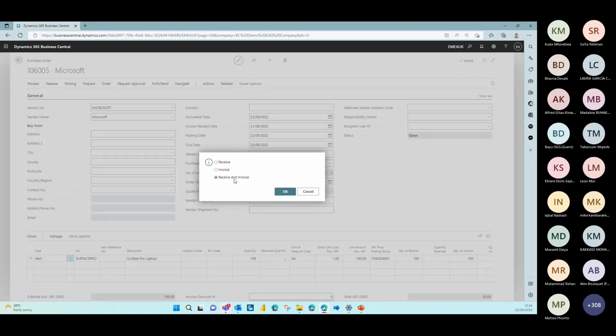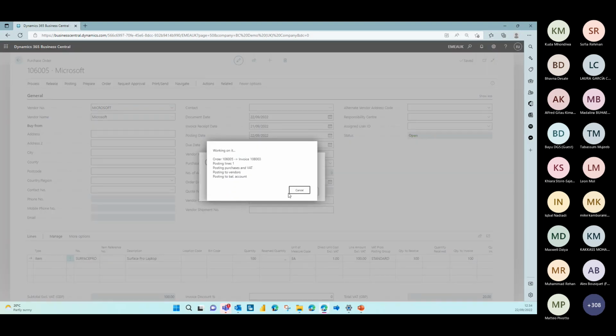So I'll then show you. Now, if you post receive only, it will post to the interim. And then once you've actually posted the invoice after the interim, it will reverse out the interim account and put it to the inventory account. Okay, but I'm going to post both receive and invoice in the interest of time.